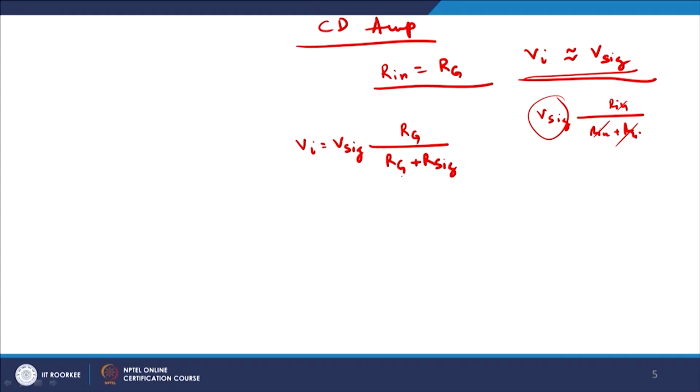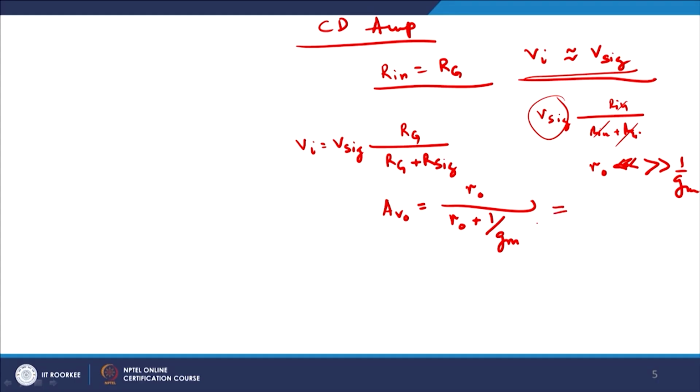If you solve it, I get AV0 to be equal to R0 divided by R0 plus 1 by GM, and this R0, which is primarily because of the CLM phenomenon, is very large compared to 1 by GM.